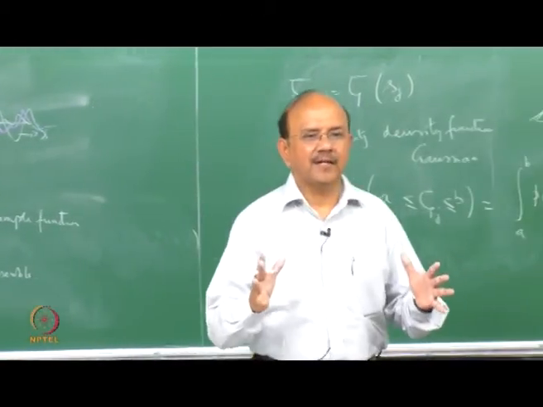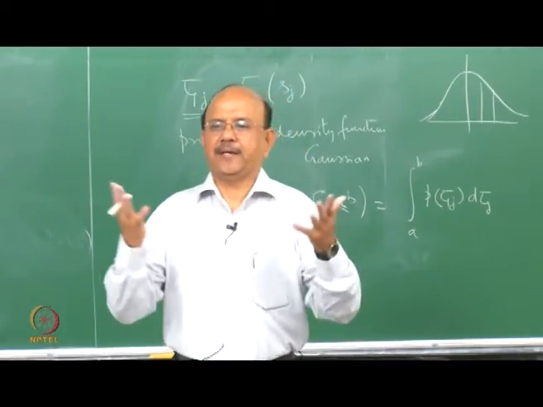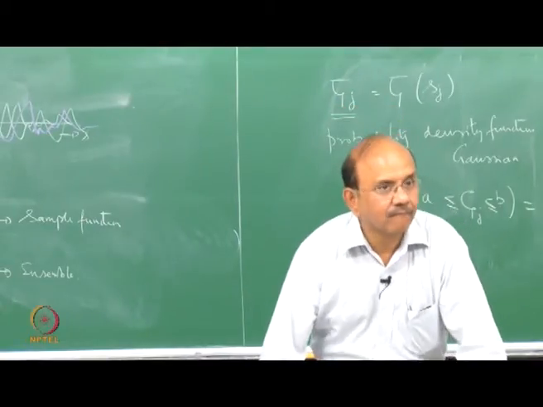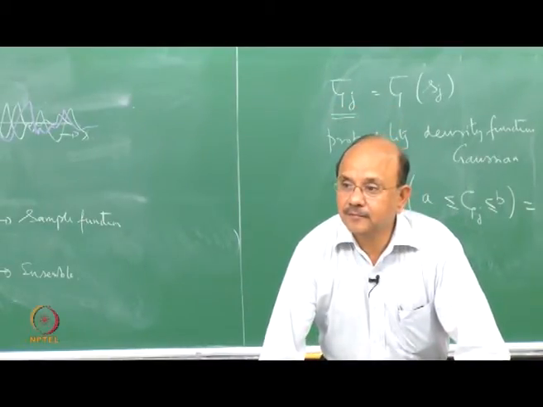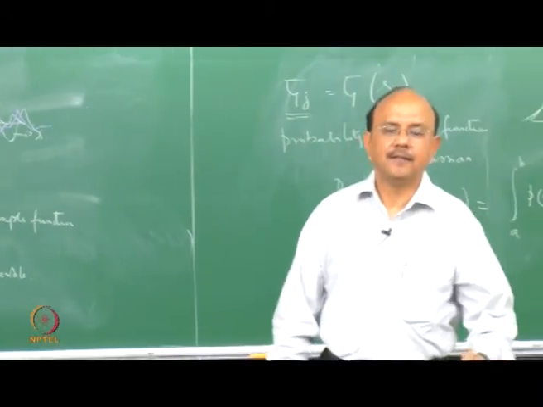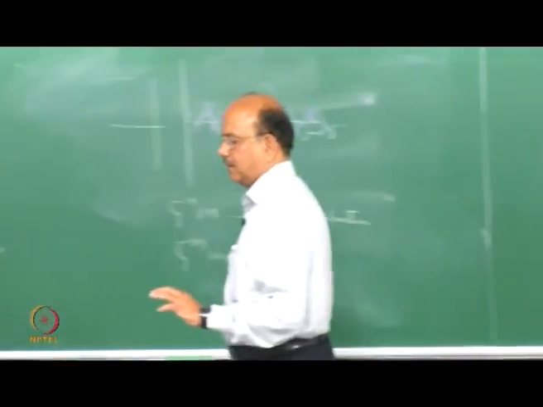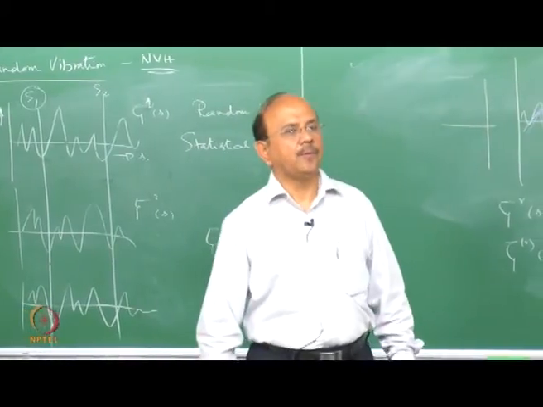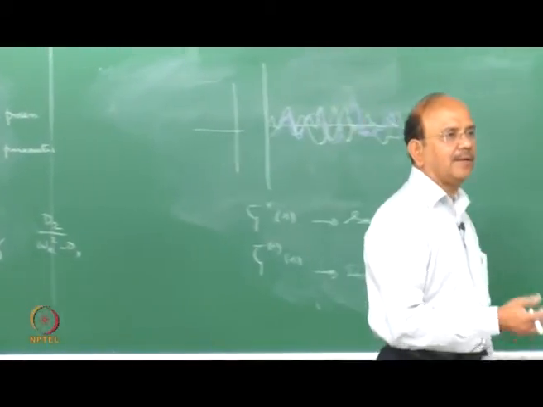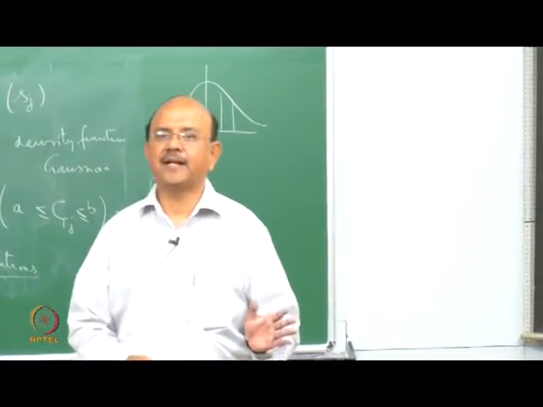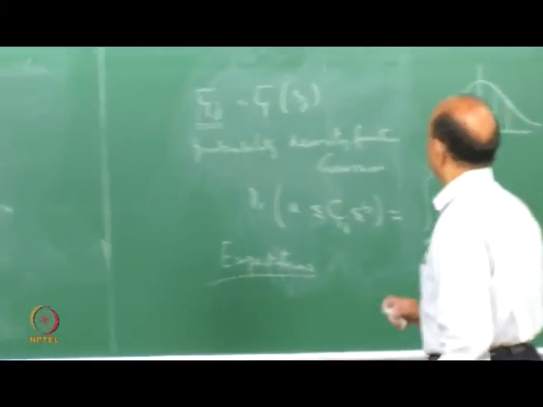How would you calculate the expected value, as it is called, the average or the mean value? It's an unbiased dice, so what is the probability that I'll get 1? It is 1 by 6, and likewise for 2, 3, 4. The probability that I get any one of these numbers is 1 by 6.